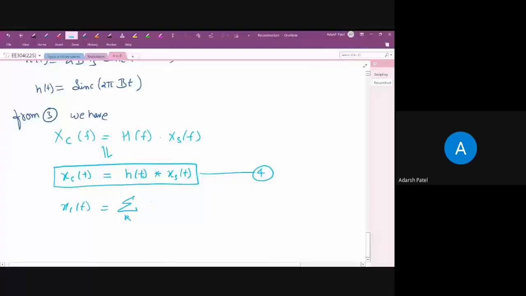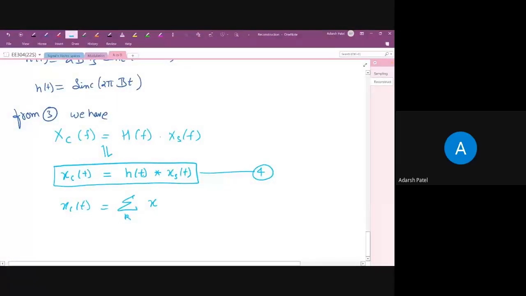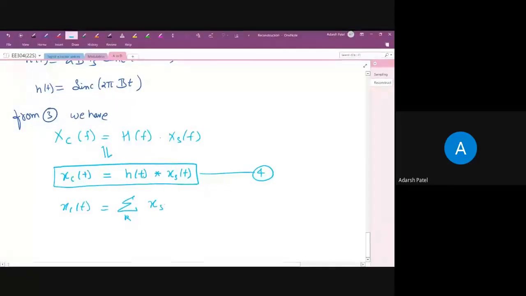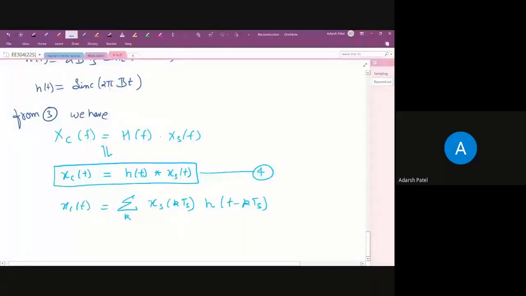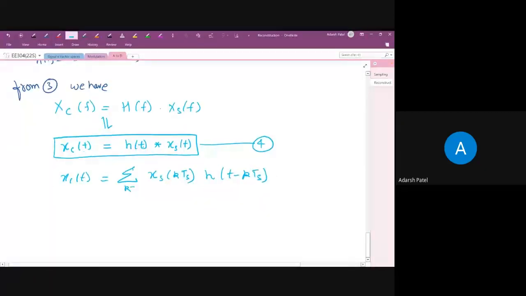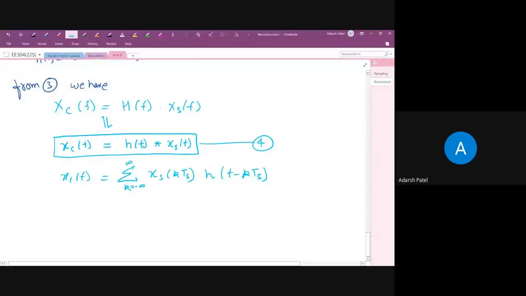Can I write this as x_s(kT_s) times h(t minus kT_s), summation over k varying from minus infinity to plus infinity? Output of the filter.